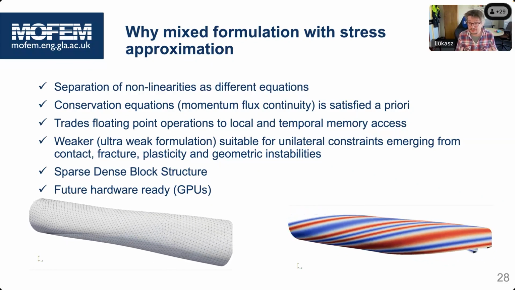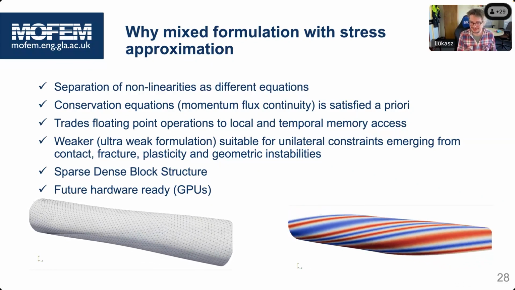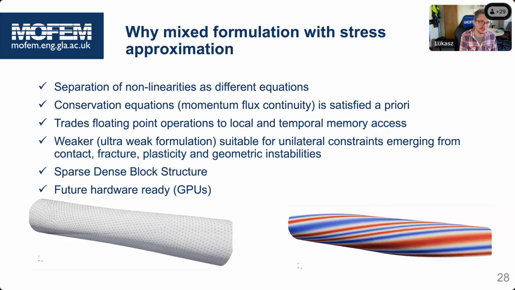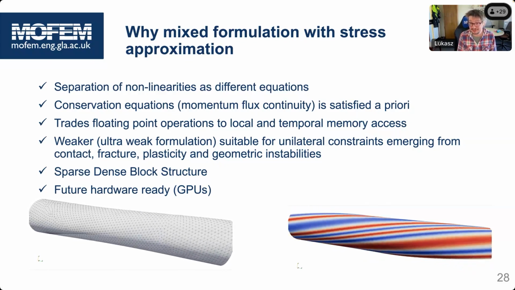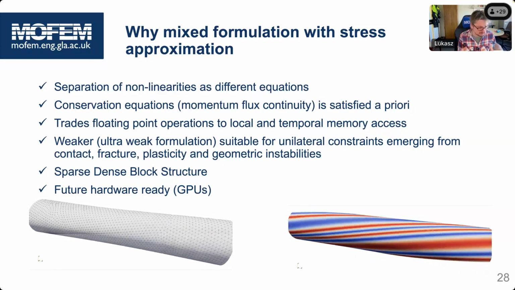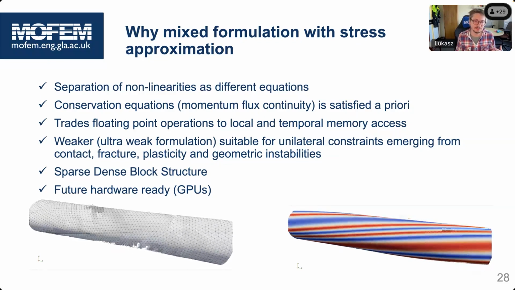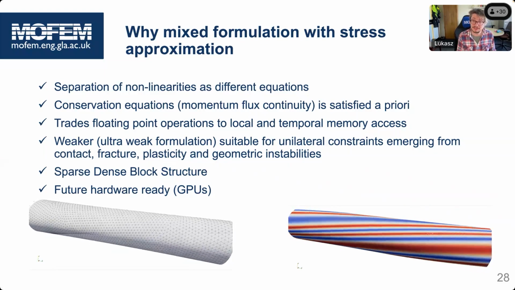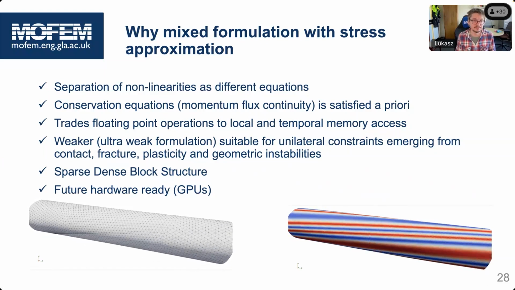That gives potential for large experimentation because you can integrate those terms differently in time. Some of them you can integrate explicitly, some implicitly. When you look at the polar decomposition, you can look at some simplistic schemes to integrate in time. So this separation of the nonlinearities gives large potential for making a robust code.